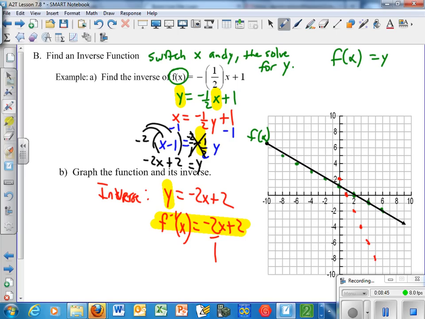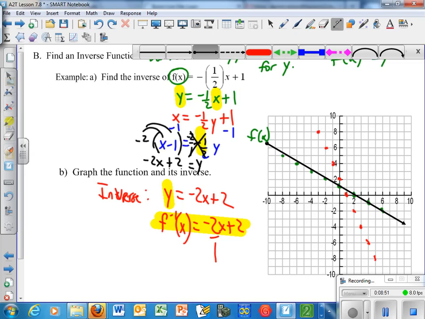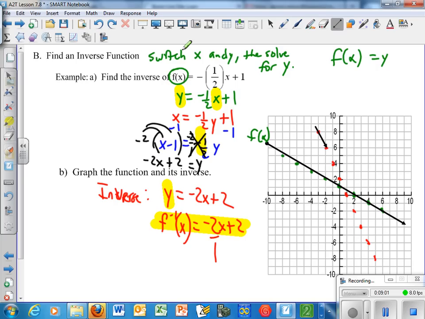If I went the other way, I'm up here. Let's go ahead and draw the line. So let's draw the line here. And let's label this the inverse of x.